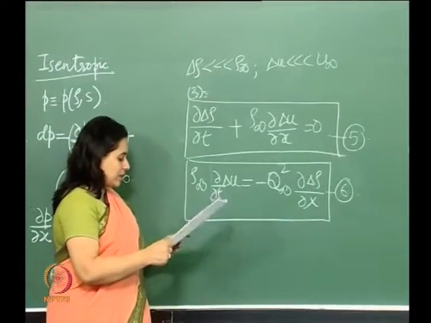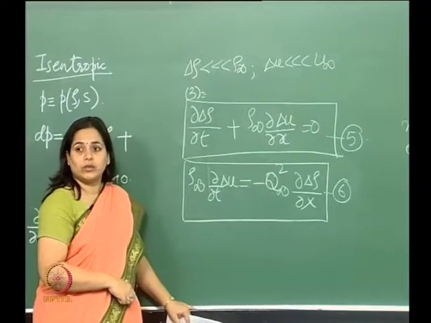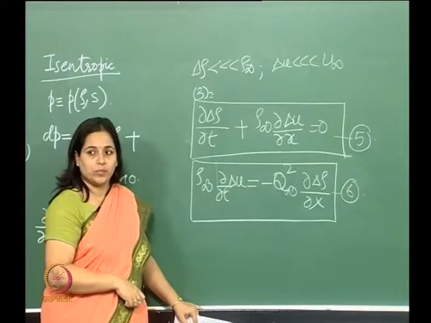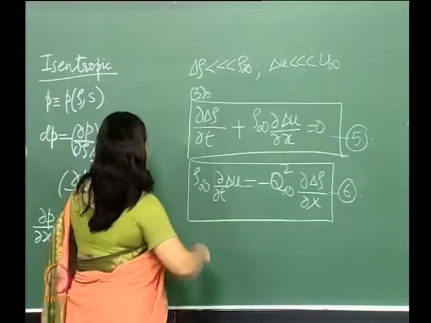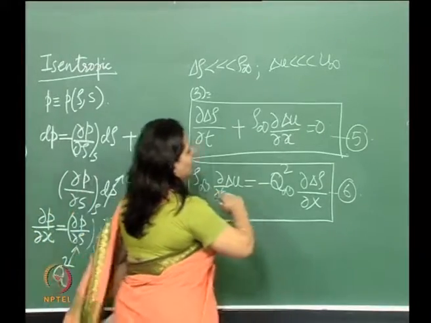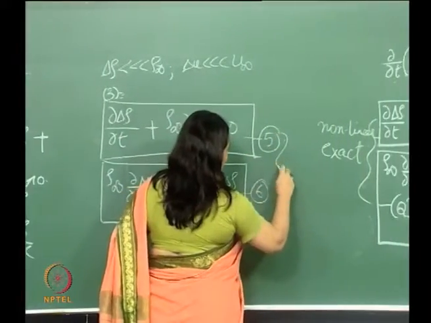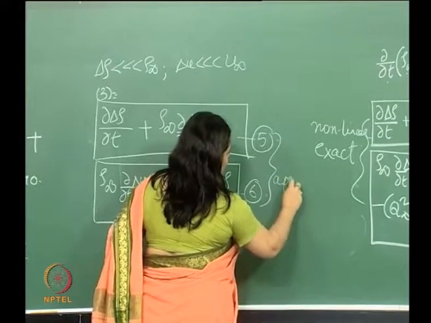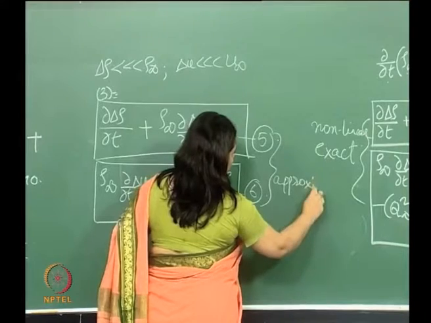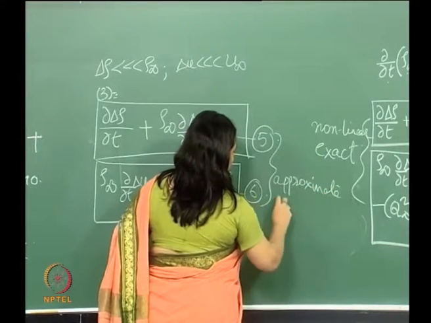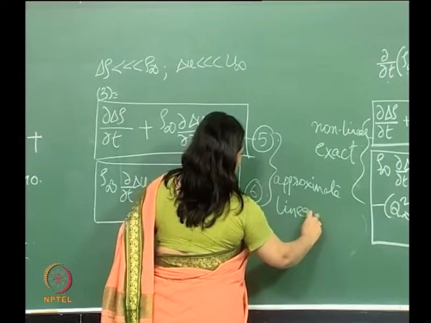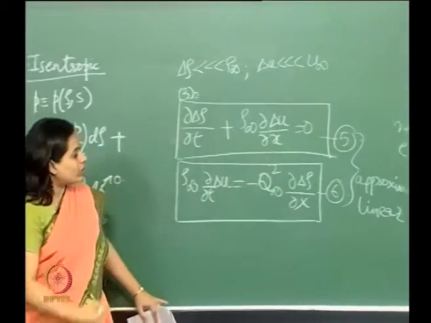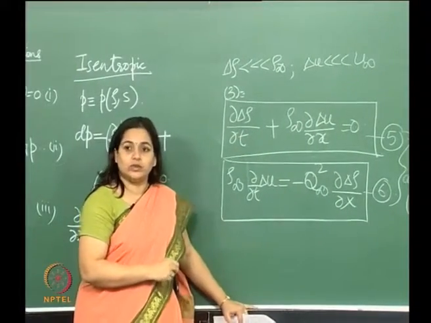So, these are linear, but also approximate. Okay. So, now these two equations, 5 and 6, on the other hand are approximate. They are also called acoustic waves.